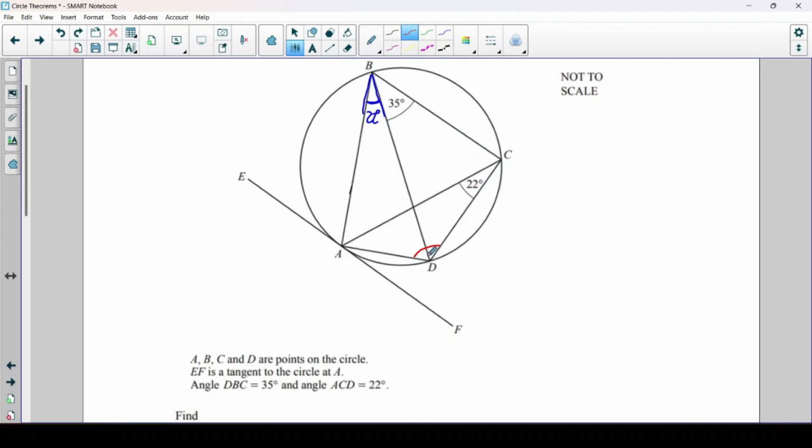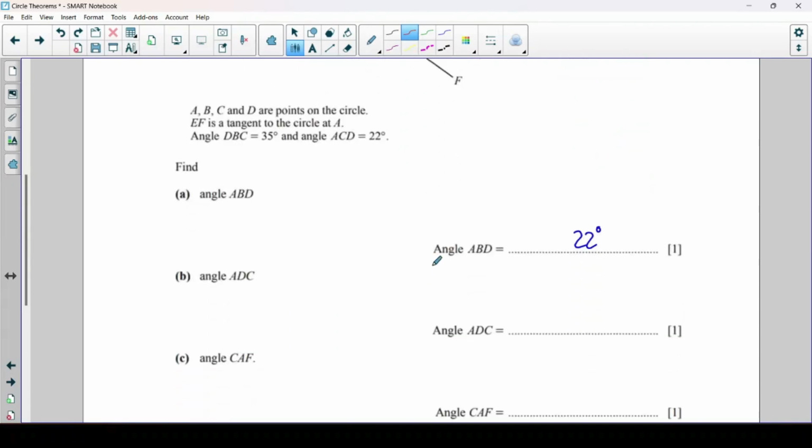All 4 points are on the circumference. So what I'm going to do first is add up these two. That's 57. And in a cyclic quadrilateral, opposite angles add up to 180. So I'm going to do 180, take away 57, which gives me 123. So that one there is 123 degrees, ADC.